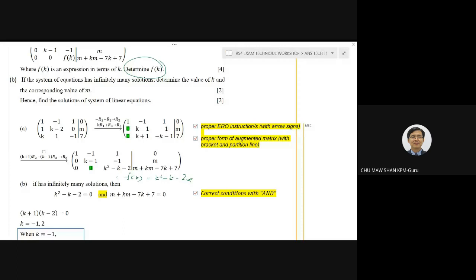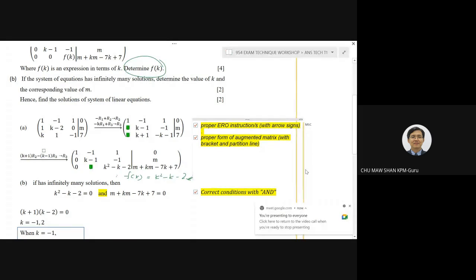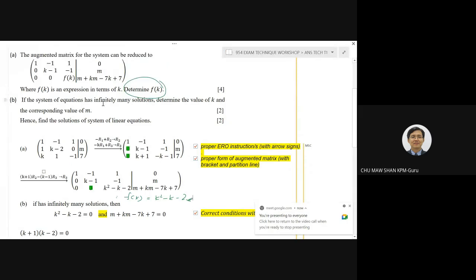Okay, let us continue. Okay, followed by it say if the system of equations has infinitely many solutions, determine K and M. So if infinitely many solution, it means that the last row must be all zero lah.